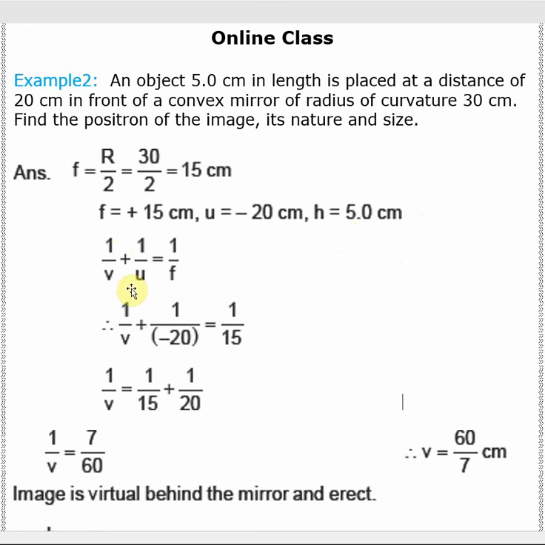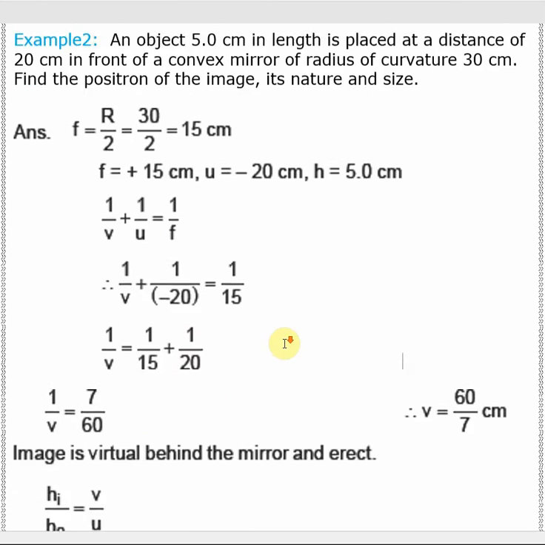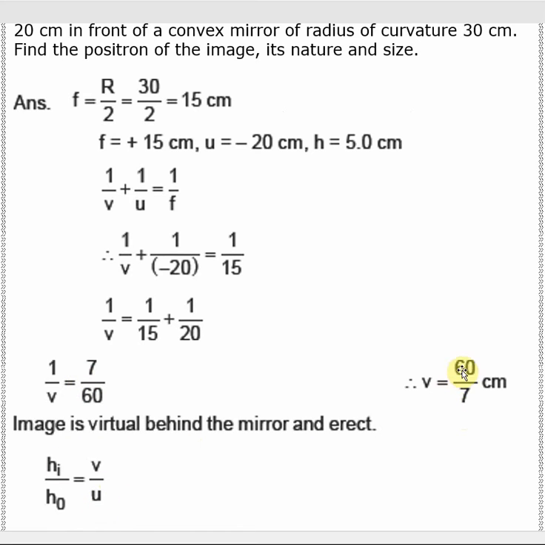Now using the formula 1 by v plus 1 by u equals 1 by f, we put u as minus 20 and f as plus 15. So 1 by v is 1 by 15 plus 1 by 20, which gives us v equals 60 by 7.